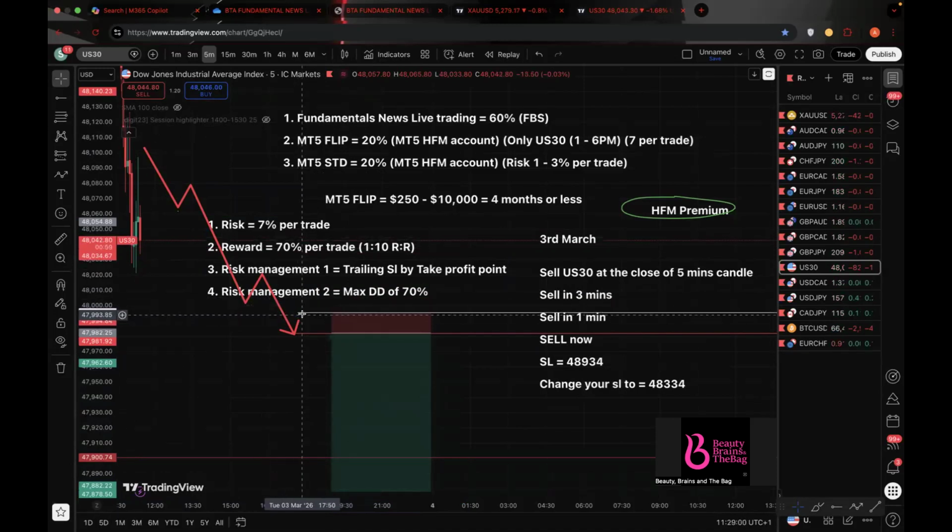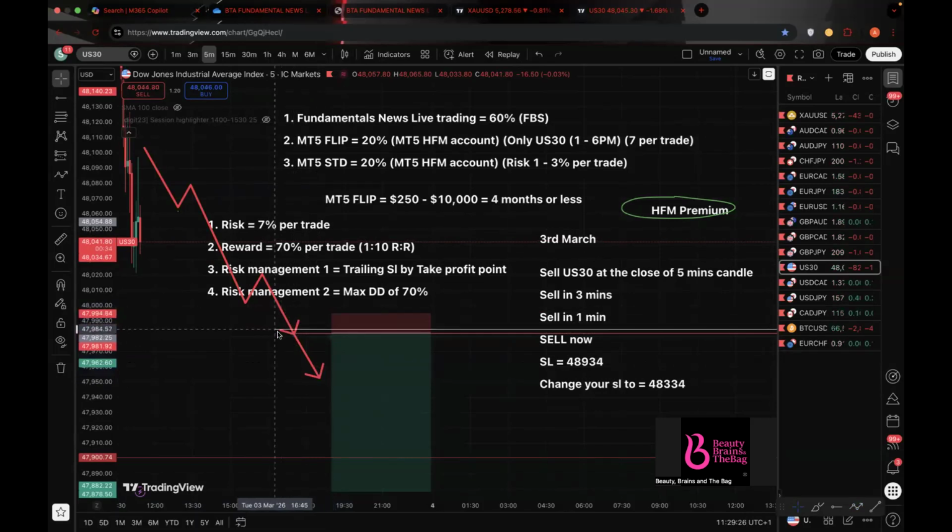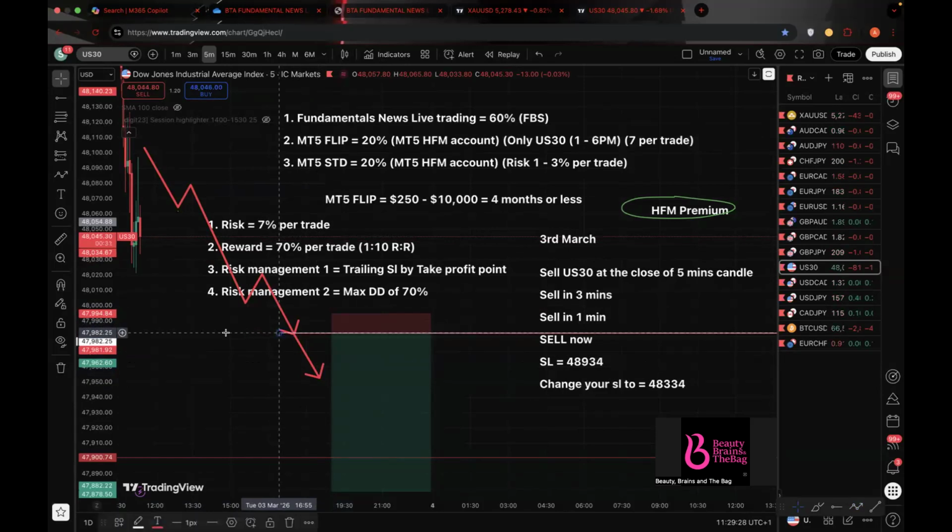Now, the moment the market starts falling in profit like this and hits a particular target point, 1:4 RR, I'll tell you to move your stop loss to a new point. The new point is going to be break even, which is your entry price where you entered the market. So you move your stop loss here. The moment the market moves to a certain point again, I'll tell you to adjust your stop loss to a certain price.